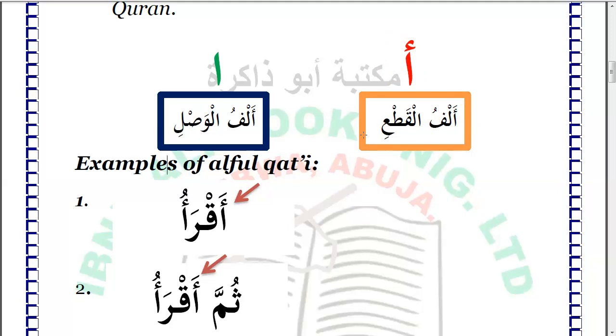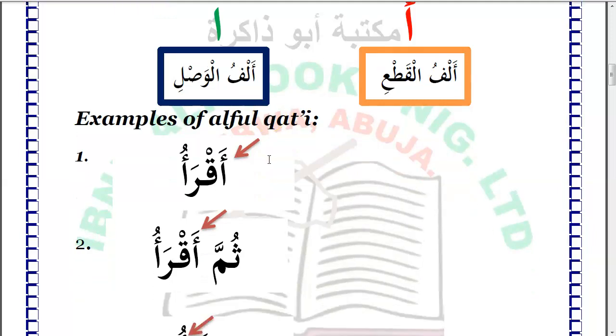Alif al-wasli is a kind of alif that has a small sad written on it. You can find this in the Noble Quran. Any other alif that is different from this is called alif al-wasli, which means joint alif.